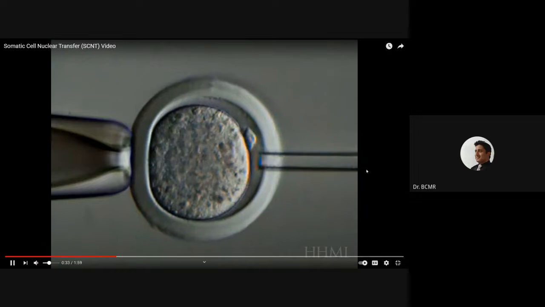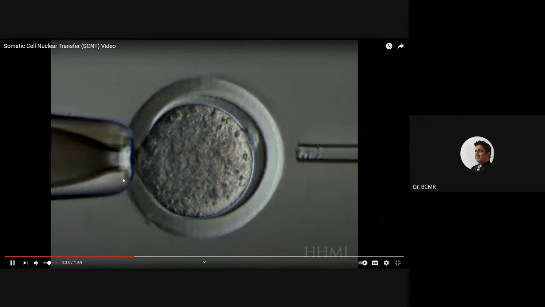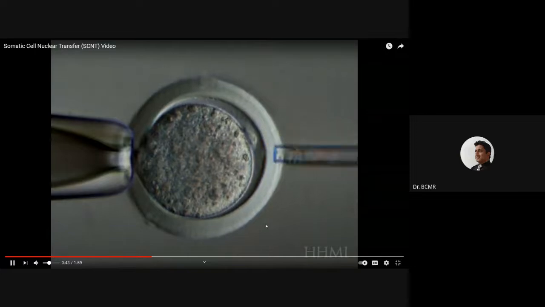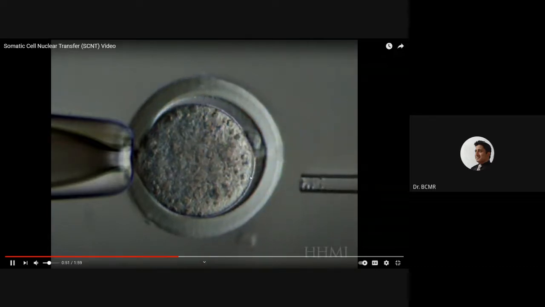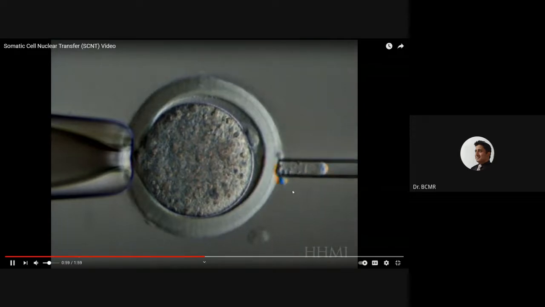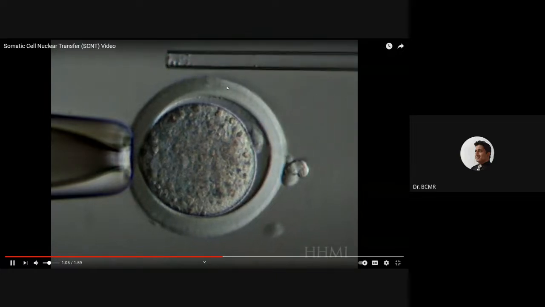That's a drilling pipette. There is a hole that is made somewhere here. It is removing and throwing here from the zona pellucida part. These are some parts of the chromosomes. This is the enucleated egg.